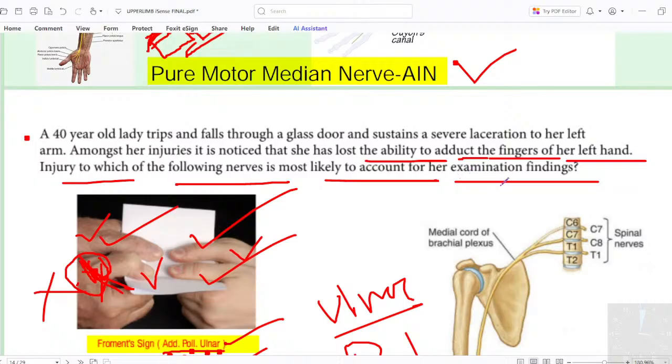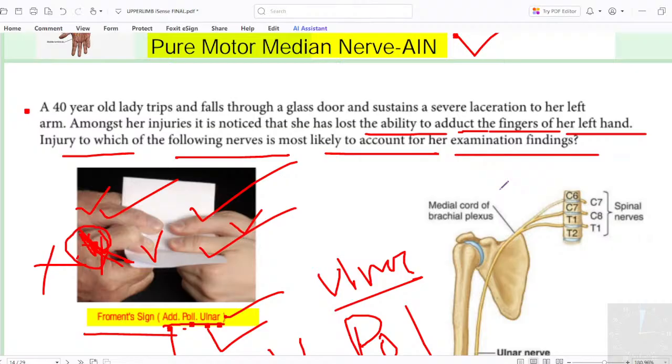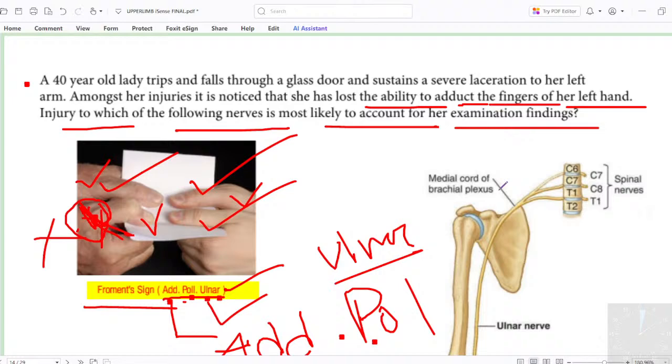This is an important clinical examination. When we receive any patient in the ER, especially after any hand injury, we very commonly perform this test. We ask the patient to hold the paper with two thumbs.